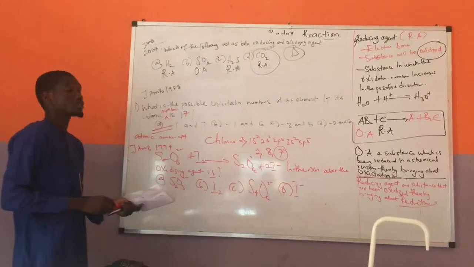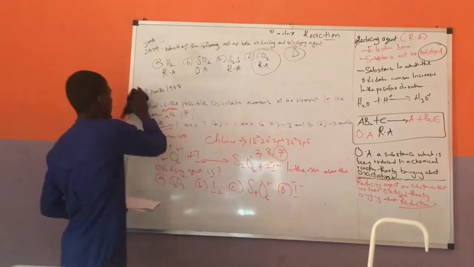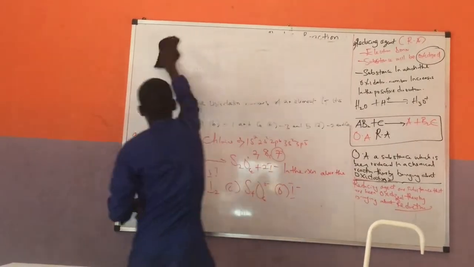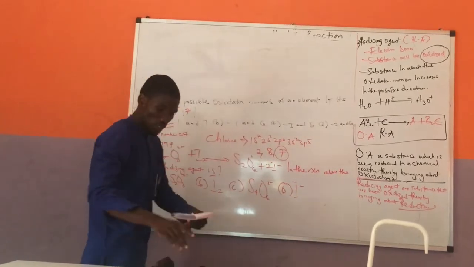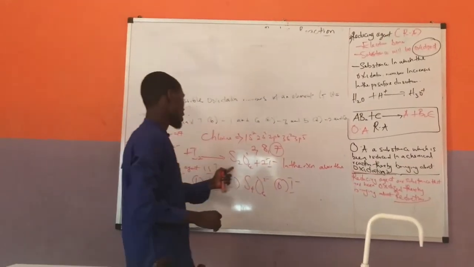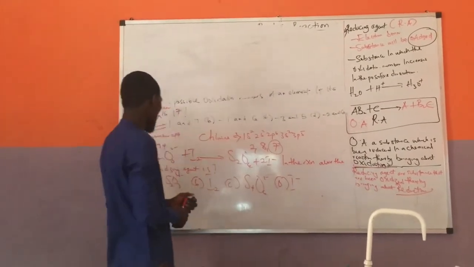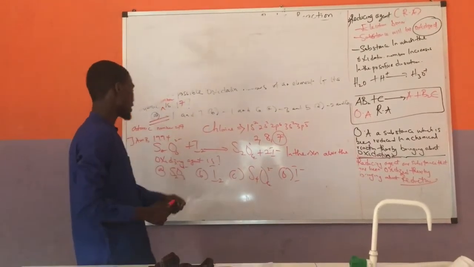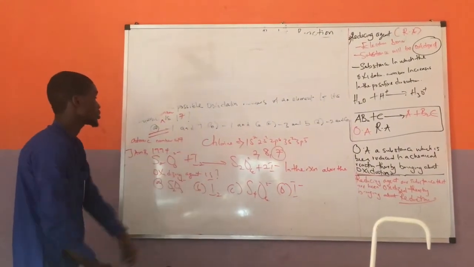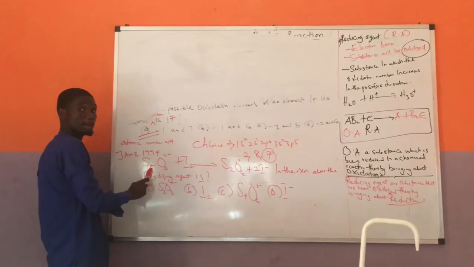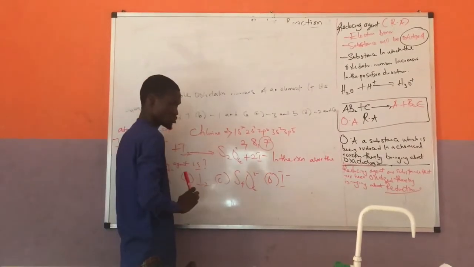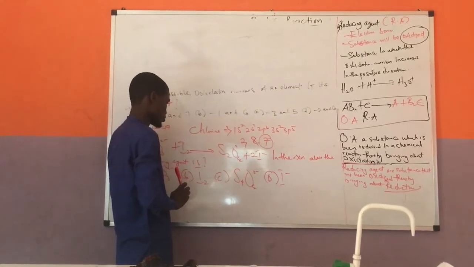So now, looking at what you have here, I'll put this to explain. In the reaction above, the oxidizing agent is what? So now look up. This one here is being reduced. Listen attentively.